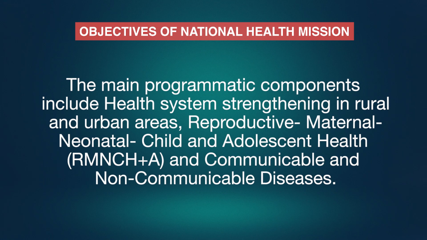The objective of National Health Mission is improvement and strengthening of healthcare in both rural as well as urban areas; reproductive, maternal, neonatal, child and adolescent health; and thirdly, focus on communicable and non-communicable diseases.